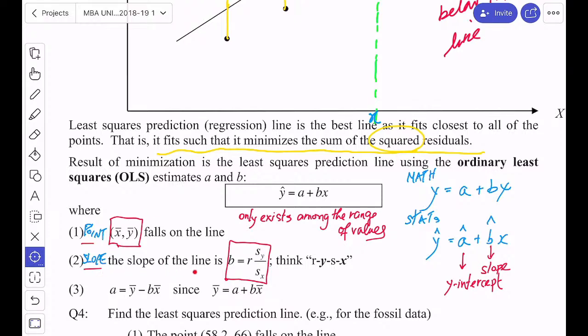The slope is calculated by this measure, and I explained how to memorize it. And I was just talking about the R and the B having to have the same sign, which makes sense. The slope should have the same sign as the correlation, the general trend of the values.